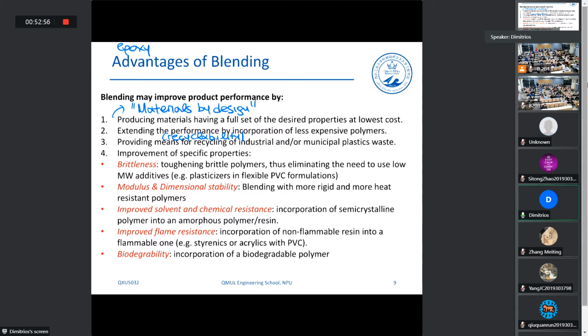They behave great in terms of their stiffness and their strength, but they cannot elongate because they have a lot of chemical crosslinks in there that if we break them, we destroy the material. So what we do in order to make epoxies elongate a bit more, we blend them with rubber particles. Okay? So we have a toughened material.